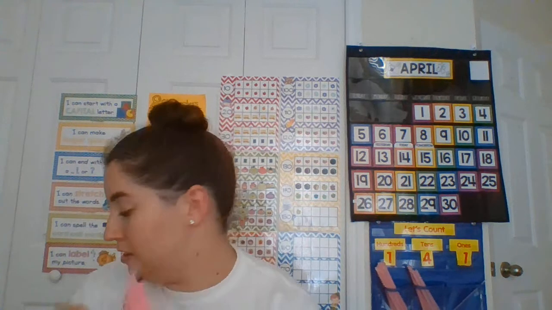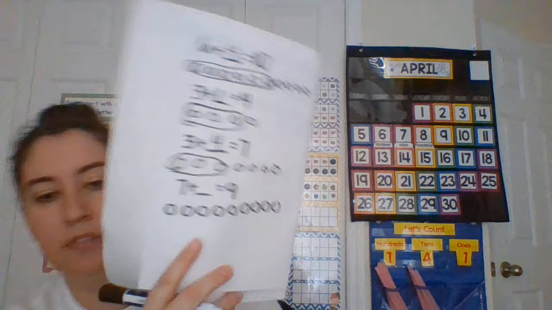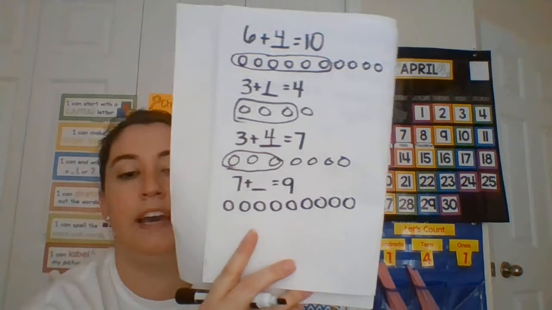Seven plus what equals 9? So I'm going to go ahead and write it on here, and I'm going to draw my 9 circles real fast. There we go. I have 9 circles.